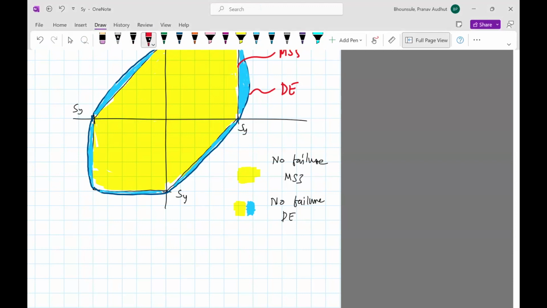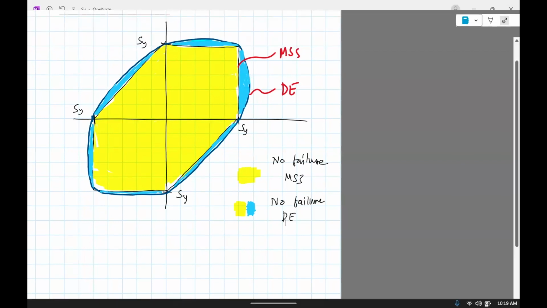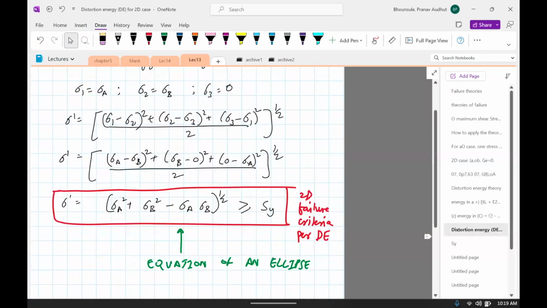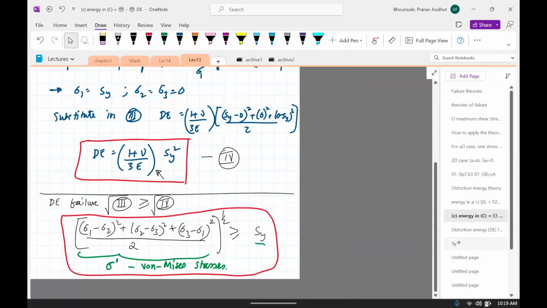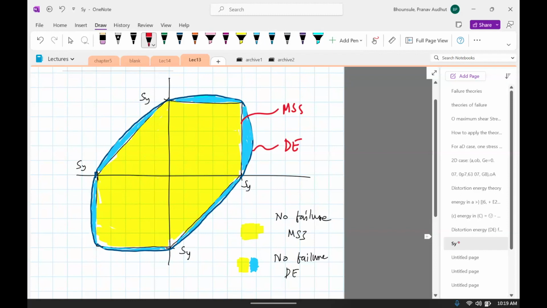So this equation, the DE equation, remember, is what I wrote down here. It's the equation of an ellipse. So that equation is showing up here. It's sigma A square plus sigma B square minus sigma A sigma B equals Sy square. That's the equation of the outer ellipse.